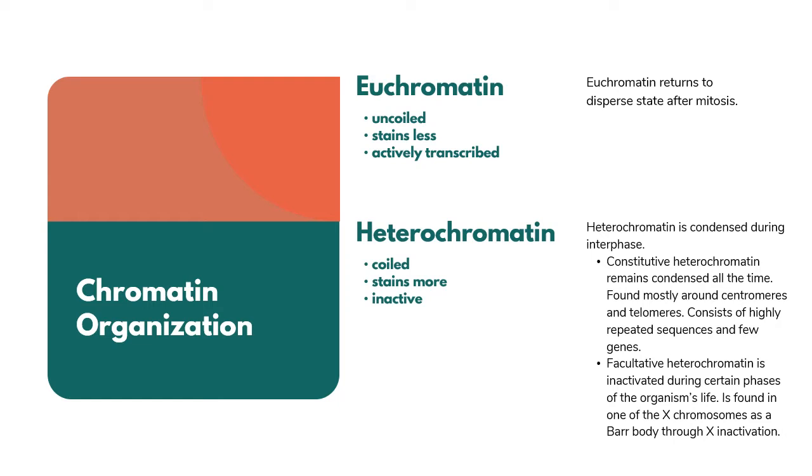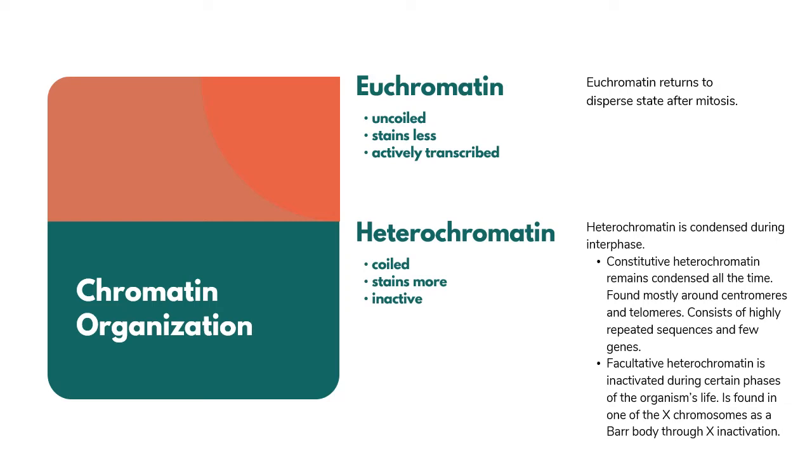Heterochromatin may either be constitutive or facultative heterochromatin. The constitutive heterochromatin remains condensed all the time. It is found mostly around centromeres and the telomeres.